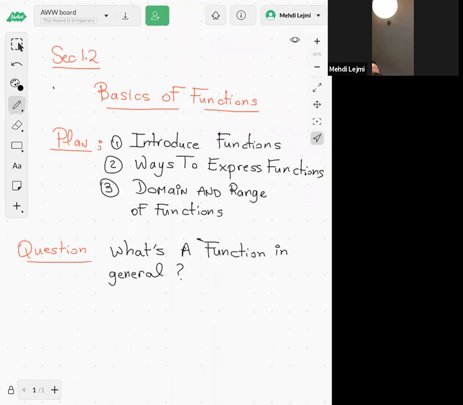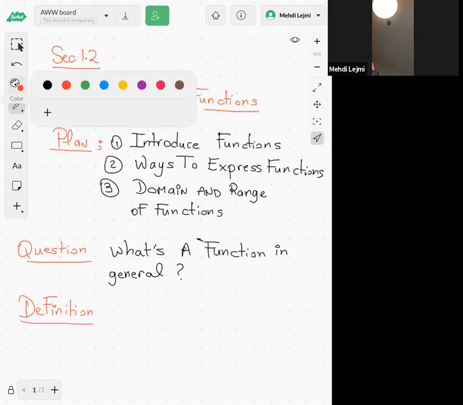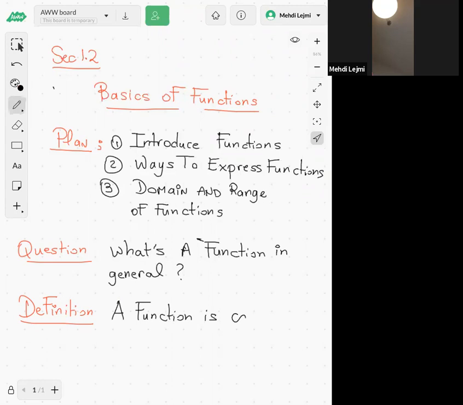Okay, so here's the definition of a function. This is like a very general definition of a function. So a function is a correspondence, okay, or if you prefer it's a mapping between two sets.